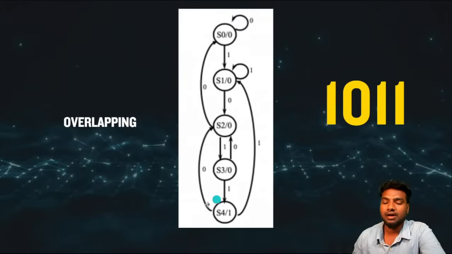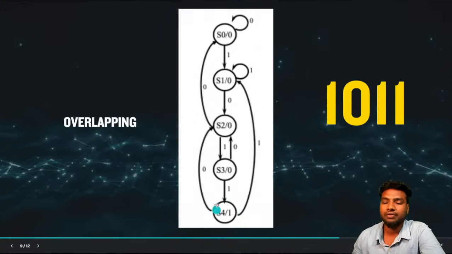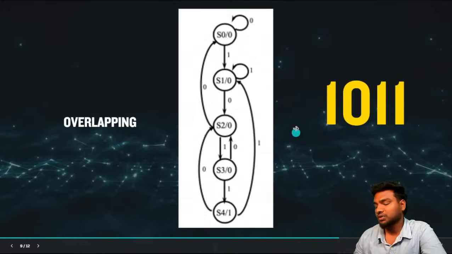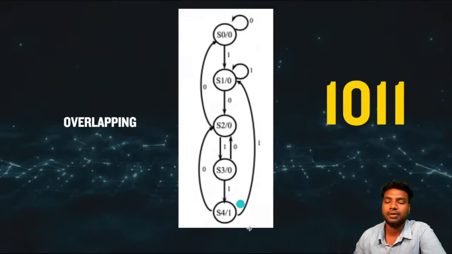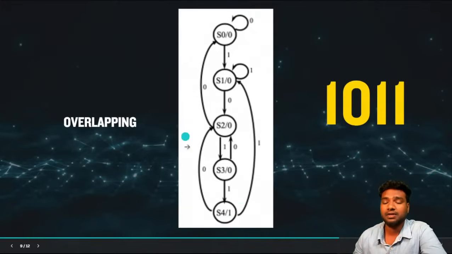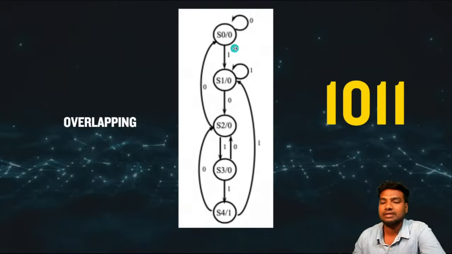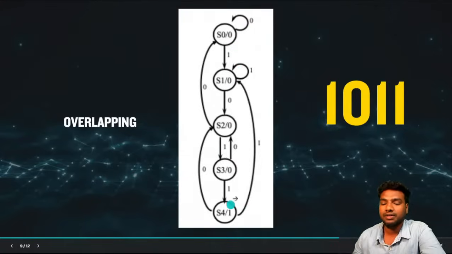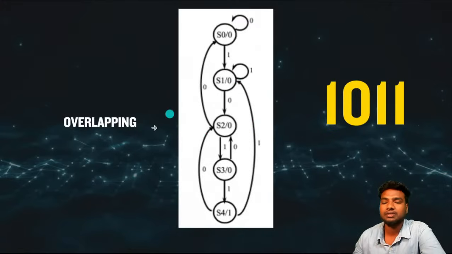Or else, if the last state input is either 0 or 1 and it goes to some part of our previous sequence, we can say this is overlapping.